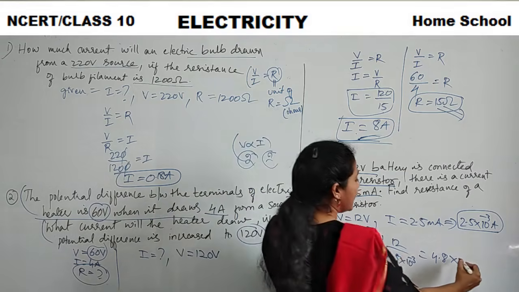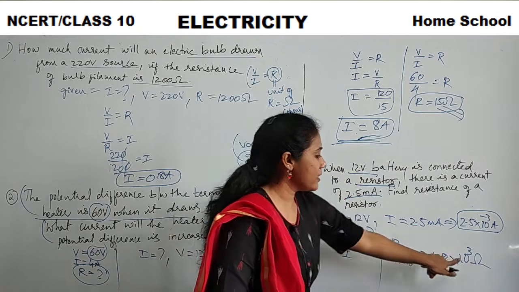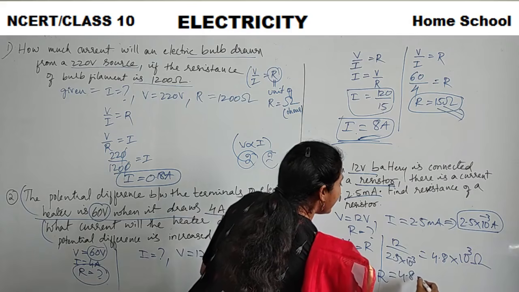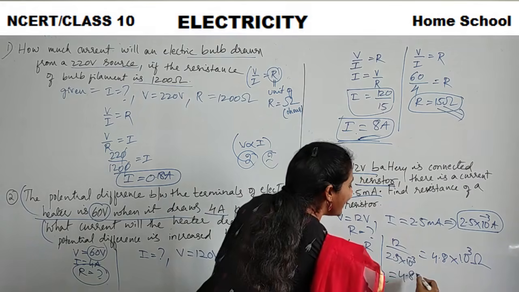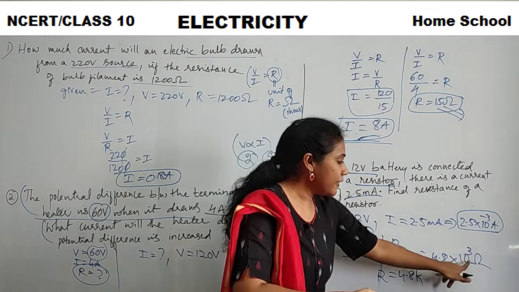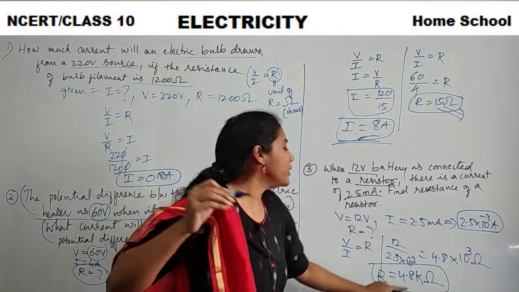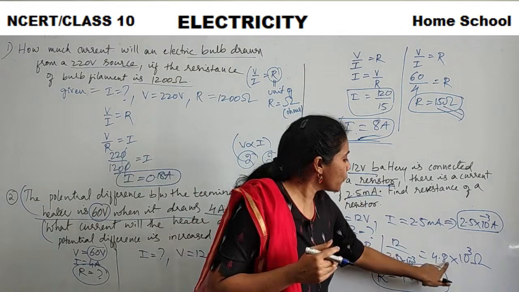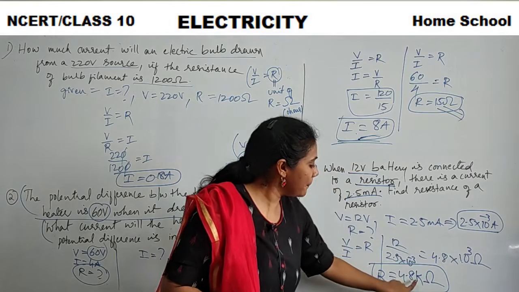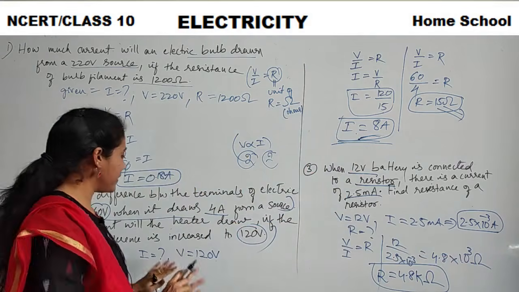If I move it to the numerator, it will be 10 to the power of 3 ohms. Calculated R. R's unit is ohms, right? So what is your R here? 4.8 into 10 to the power of 3, which can also be written as kilo. Kilo means what? 1000, right? That is 10 to the power of 3. So I can write 4.8 kilo ohm as the answer. Or you can leave your answer as 4.8 into 10 to the power of 3 ohms. This 10 to the power of 3 only, I am writing as kilo, K. So this is one model.